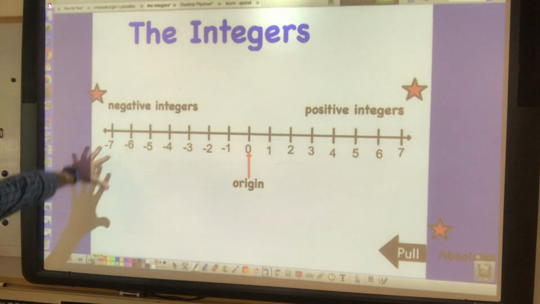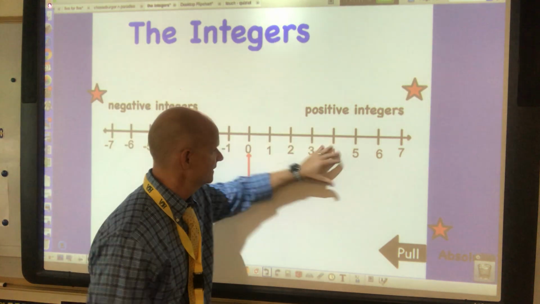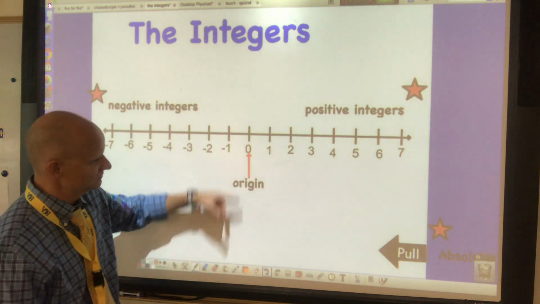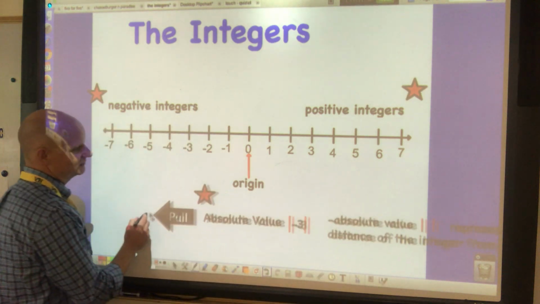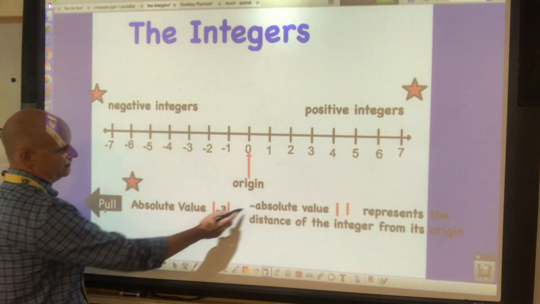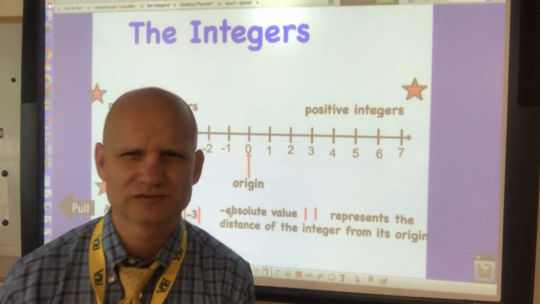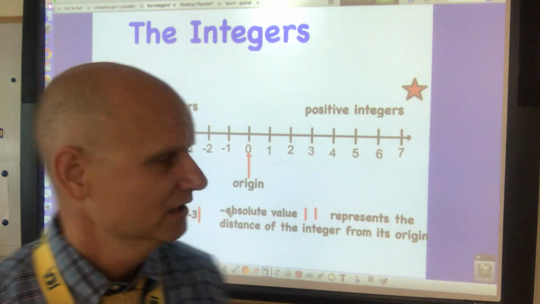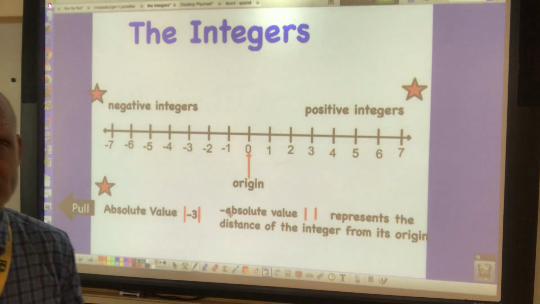I do want you to draw these positive and negative integers. This is a number line that's listing the integers. The origin is 0. So what do we want to discuss? The absolute value. Whenever you see these little dashes on the side of a number, it's saying the absolute value.